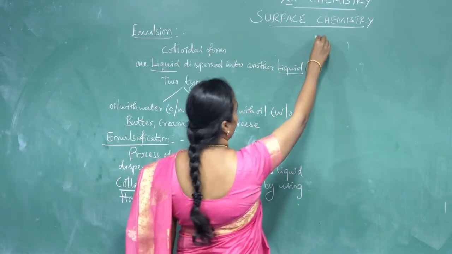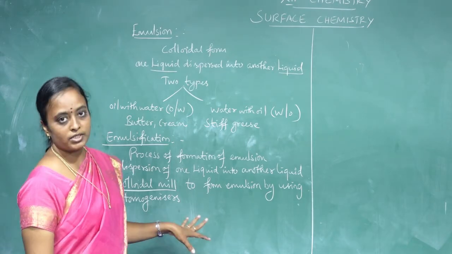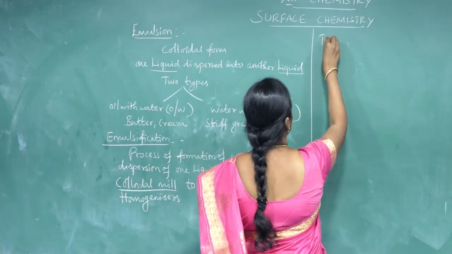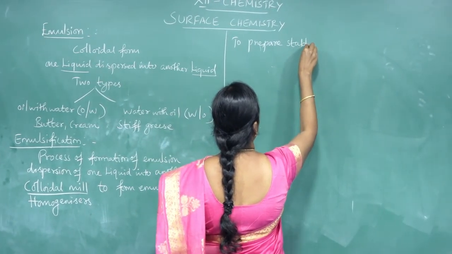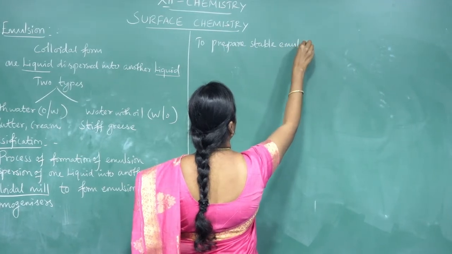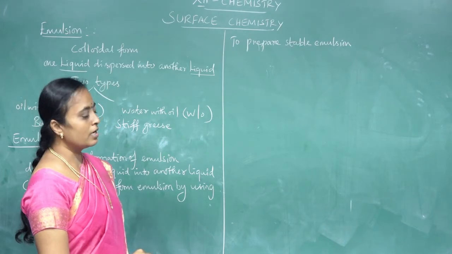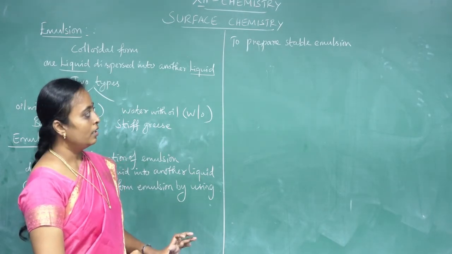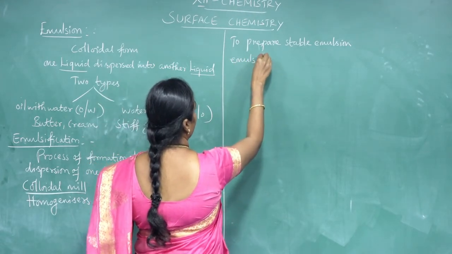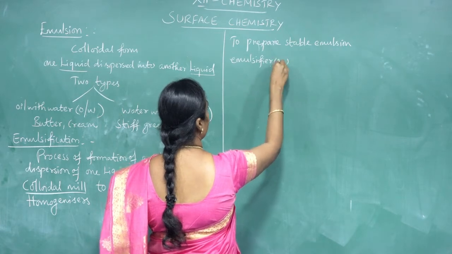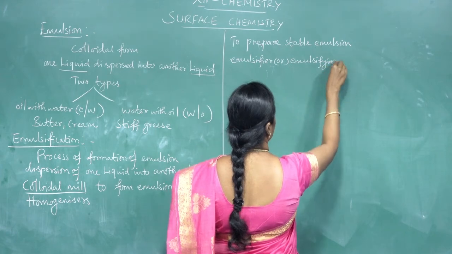So how can you make a stable emulsion? To prepare a stable emulsion, we should add one reagent, that is called an emulsifier, or another name, emulsifying agent.